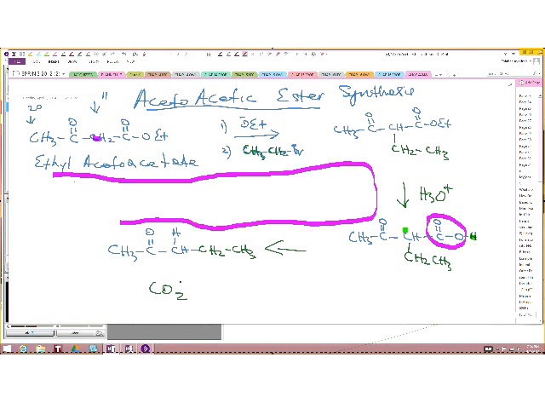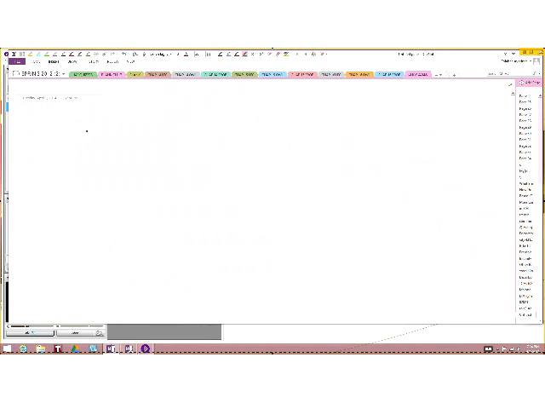Okay, so this is the acetoacetic ester synthesis. Now, supposing I ask you this question. If I give you this molecule here, supposing I ask you, can you make this molecule using the acetoacetic ester synthesis?